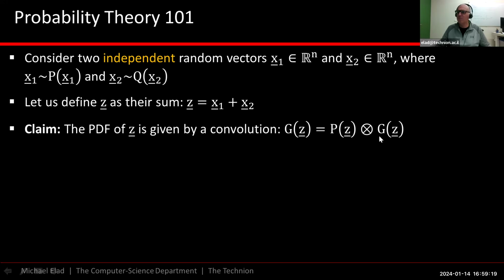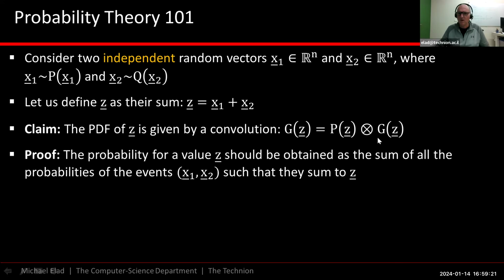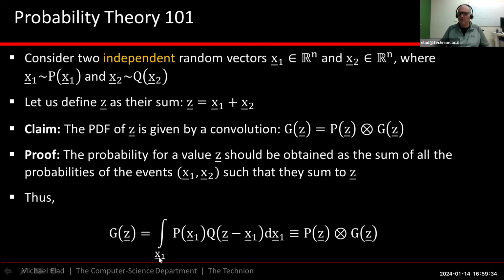Okay? Let's prove this. Very easy to prove. What is the probability of a vector z? You have to go through all the possibilities of x1 and x2 that sum to z. So let's write this integral. I'm integrating over all the x1s. I remind you, those are independent vectors, x1 and x2. So the probability is basically multiplication of two separate probabilities.